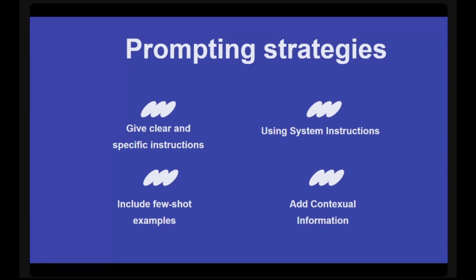Using system instructions. So what do system instructions mean? System instructions are the instructions on how you want your AI model to behave. For example, if I want to generate an AI readiness report and I use ChatGPT, what I would say in the system instruction to my ChatGPT is act as an AI specialist or act as an AI engineer, and then I will tell it the task, and the task should be clear and specific to my needs.